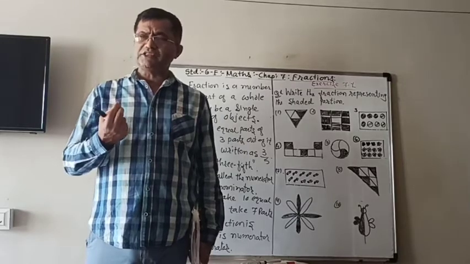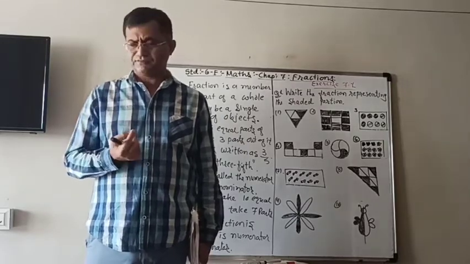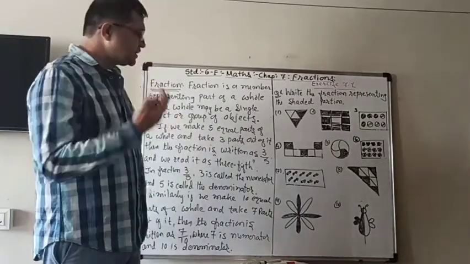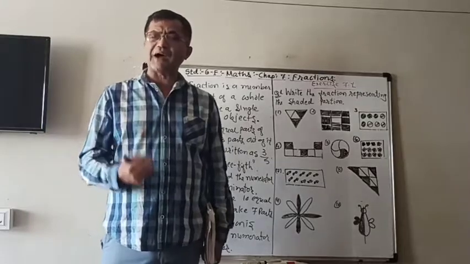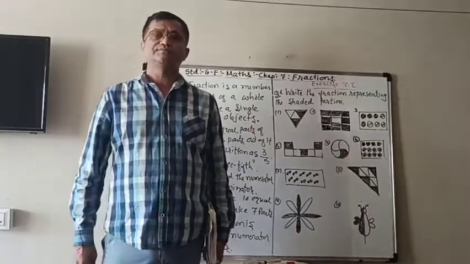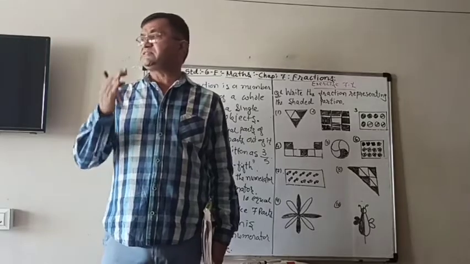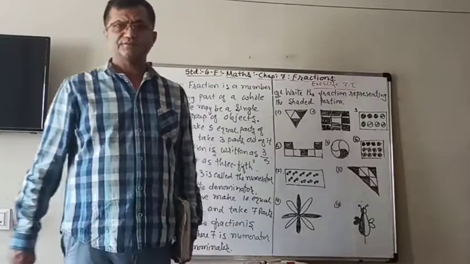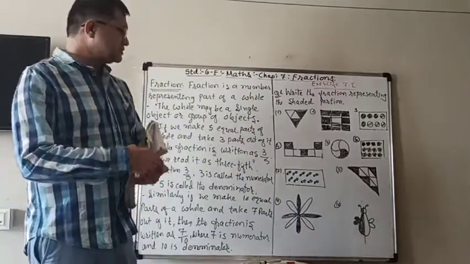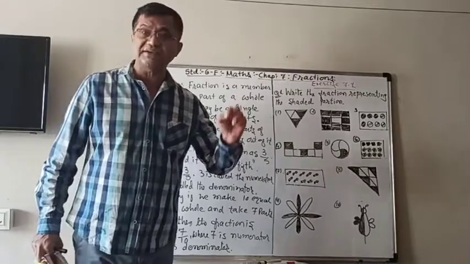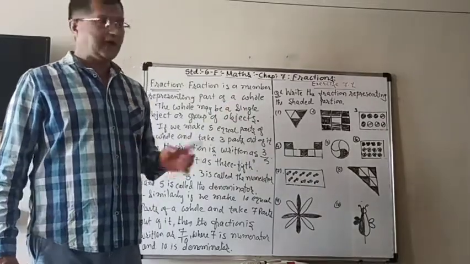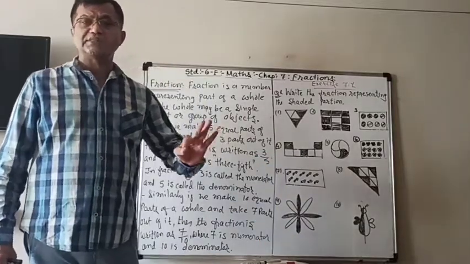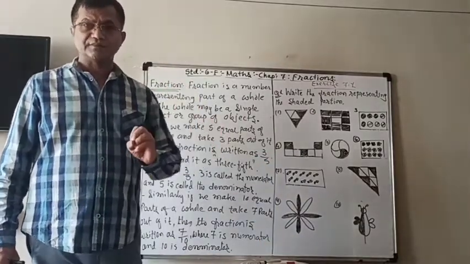So here, if we take 3 parts out of the 5 equal parts of the whole, then that fraction is written as 3/5, read as 3/5. Here 3 is called the numerator of the fraction, and 5, which is at the bottom, is known as the denominator.